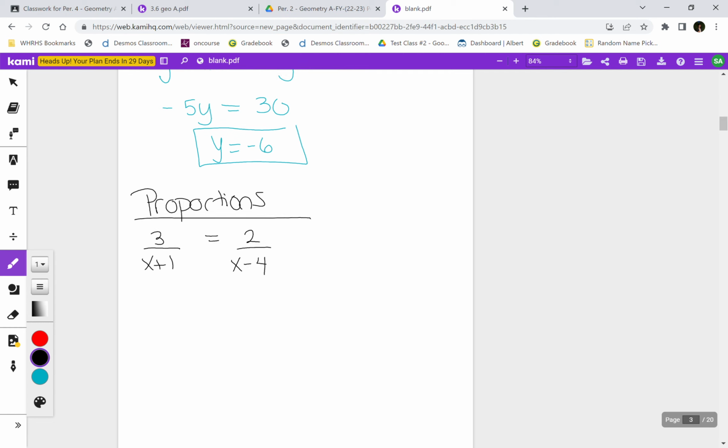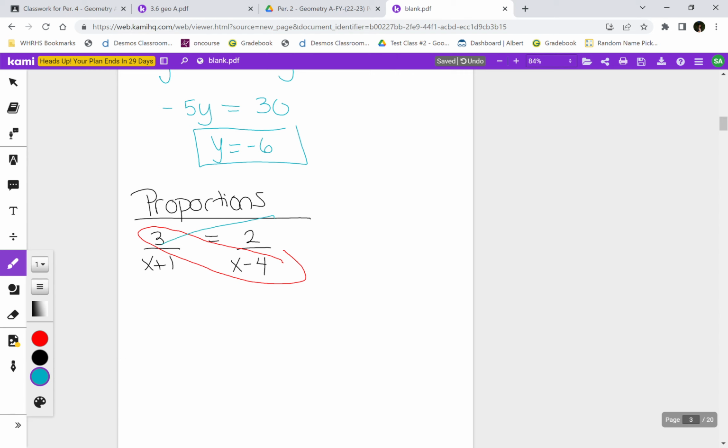Good. There's only one term on each side. Do we all recognize this as a proportion? It's one fraction equaling another fraction. So we can go about this the same way we've been doing and say, okay, well, the common denominator would be quantity of x plus 1 times quantity of x minus 4, and then multiply. Or when you have a fraction equaling another fraction, what are we allowed to do? Cross multiply. Thank you. So let's go ahead and cross multiply.